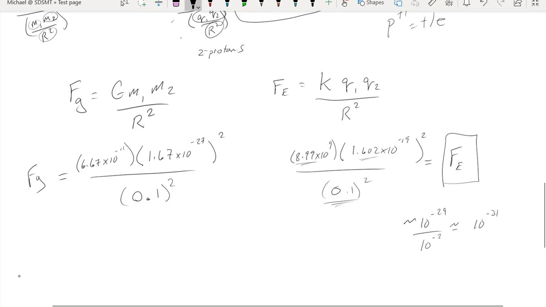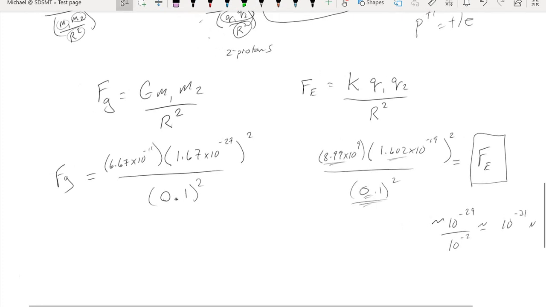Again, we'd still have to go through with all the actual arithmetic here, but this is approximately the magnitude of force that we would get between the two protons based on their charge, whereas we would get approximately 10 to the negative 65 newtons of force just by relying on gravity.